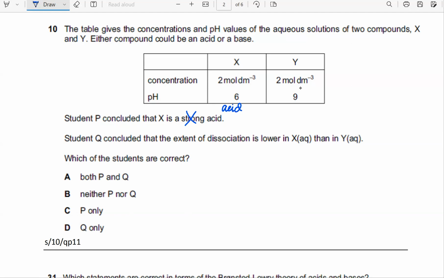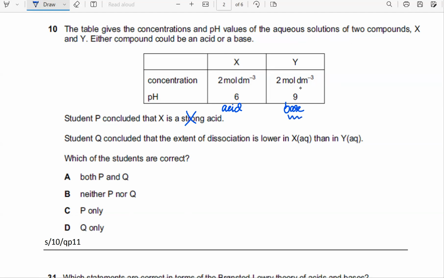Y is actually a base, right? So 7 is the midpoint. 7 is when it's neither, right? So he's not talking about whether it's acid or base. He's just talking about which one is stronger, which one is going to dissociate more. So relatively speaking, the base over here is relatively a stronger base, right?